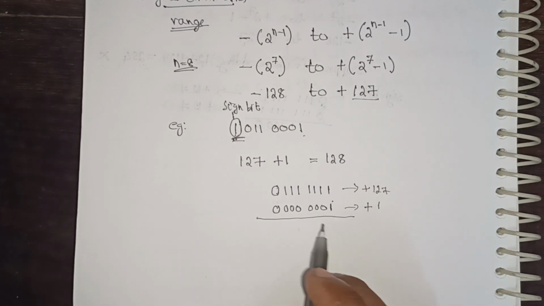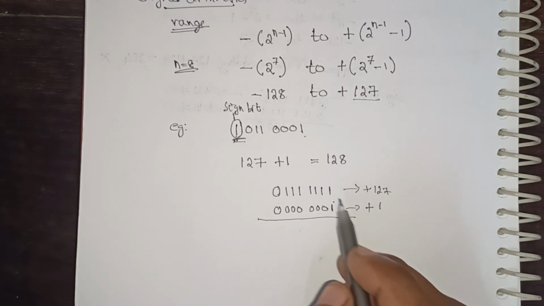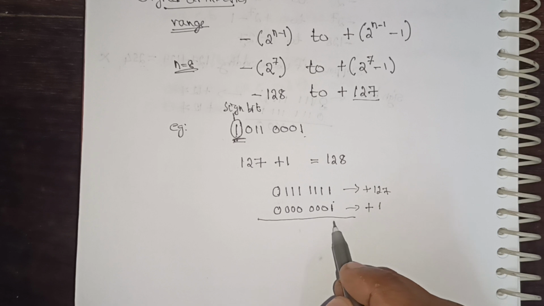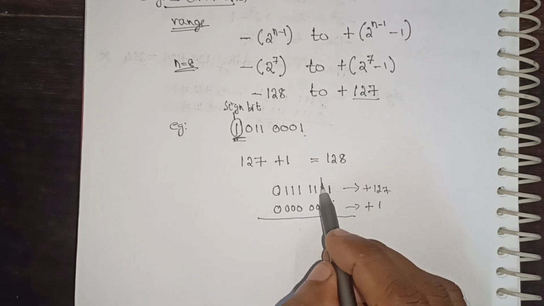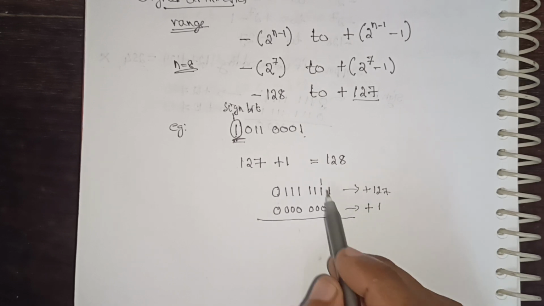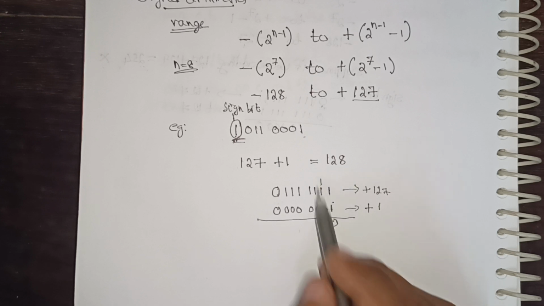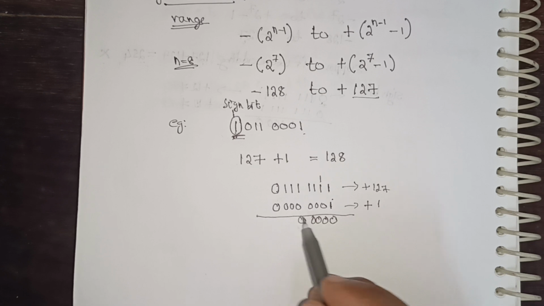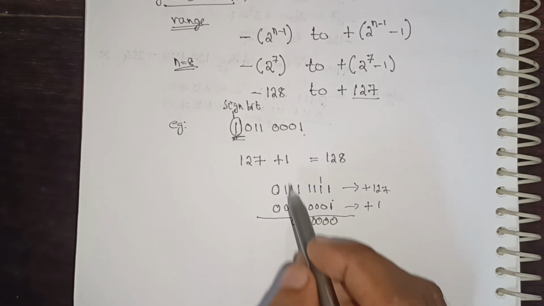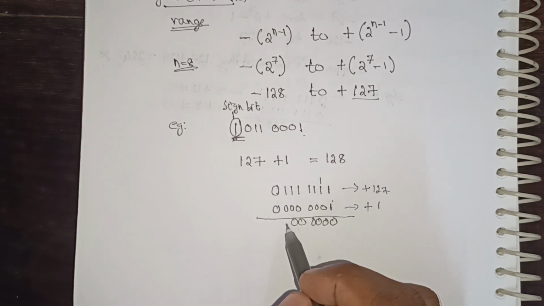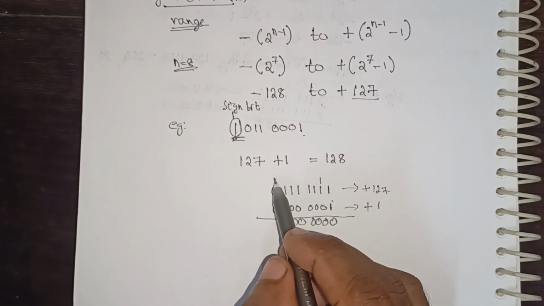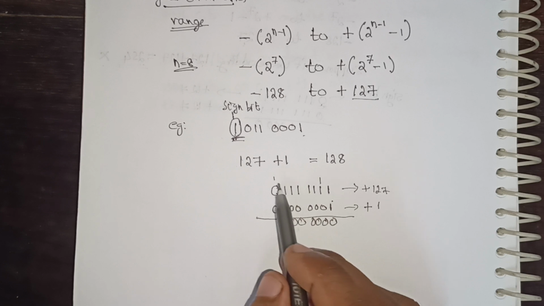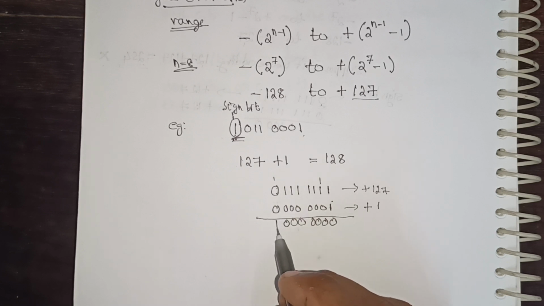Okay, let's add this. 1 plus 1 is 0, and 1 is a carry. Again, 1 plus 1 is 0 with a carry, and so on, and then a carry here, 1. So 1 plus 0 plus 0 is 1.